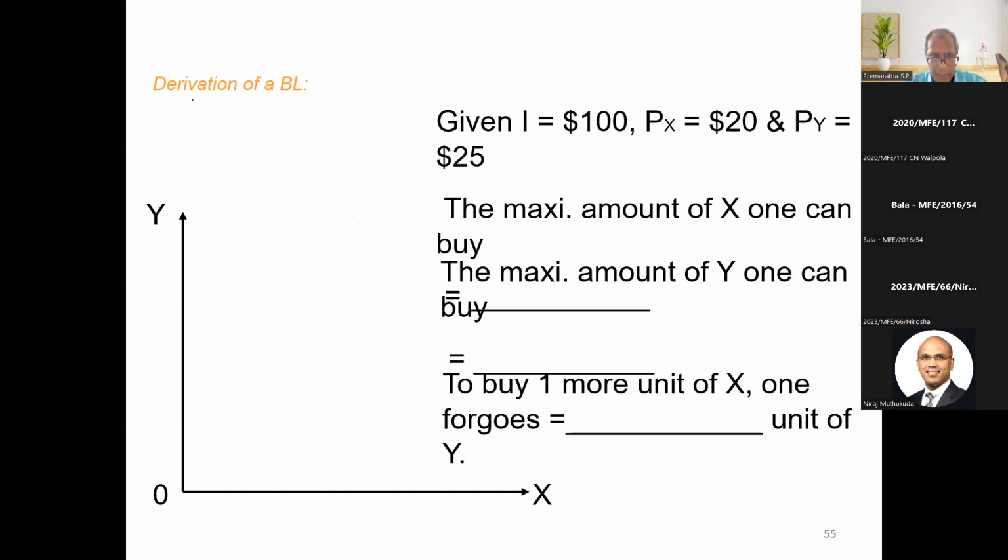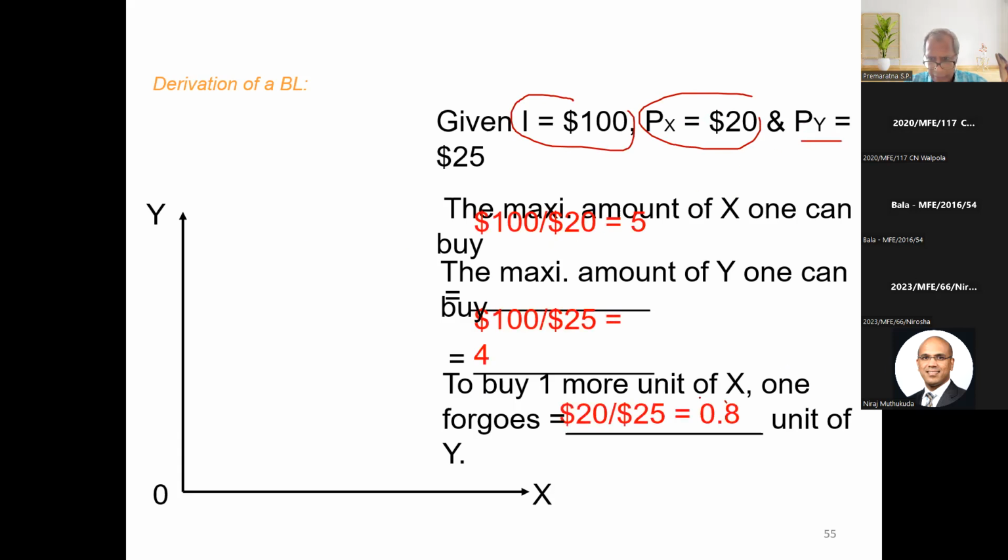This is the example I give you. Income 100, price of X 20, price of Y 25. So that given the budget line, we found the ERS 0.8, the budget line, I think you draw.